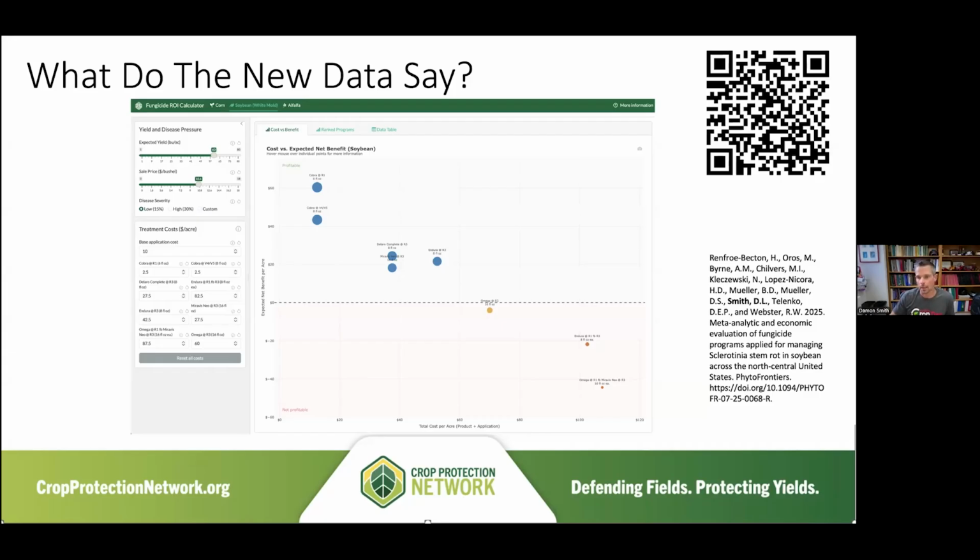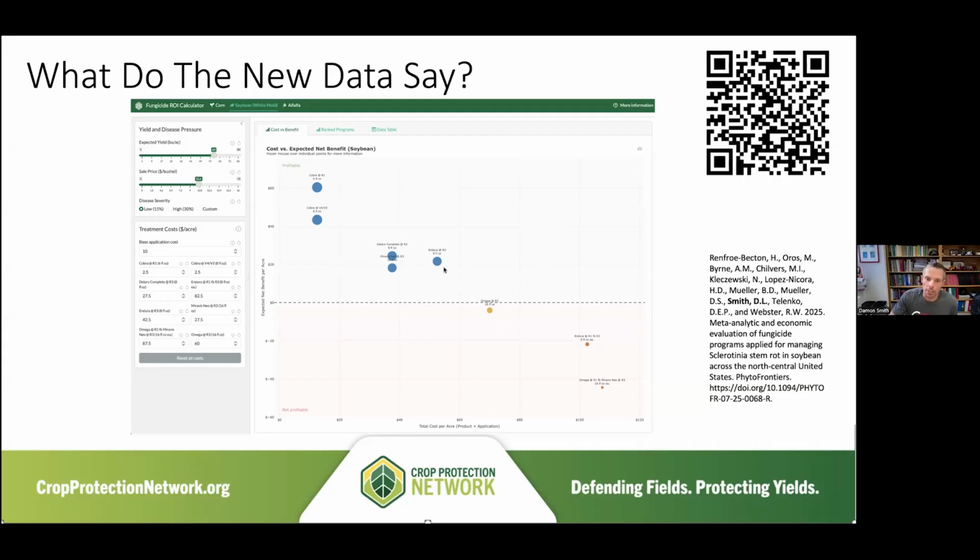In a lot of cases, at least with these particular products that we have quite a bit of data on, even in a low disease scenario, we're still getting a pretty decent positive return on investment. So any white mold that we can control, if we have a history there, is going to be reasonably beneficial, and we stand a pretty good chance of getting a positive return on investment.